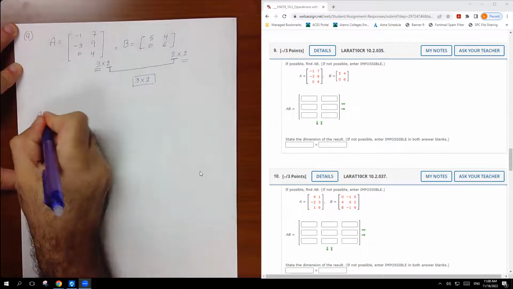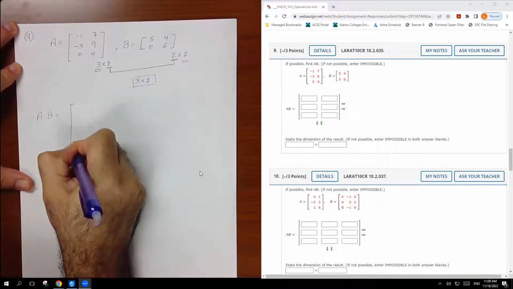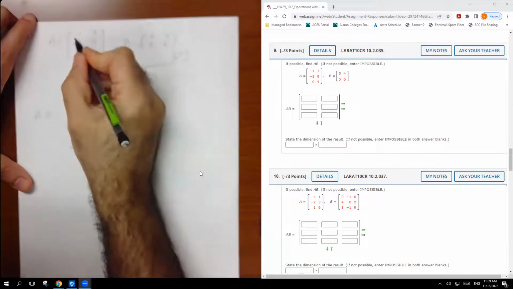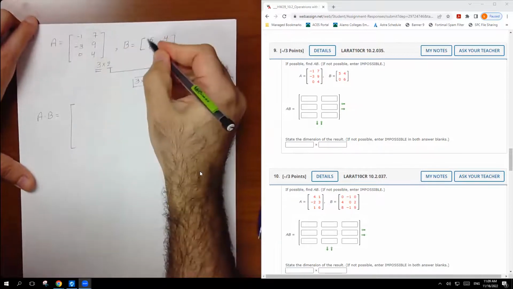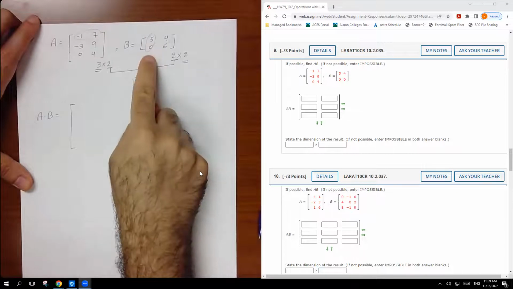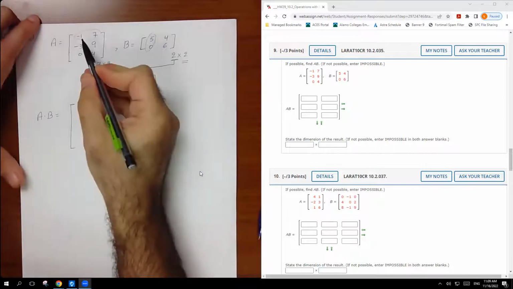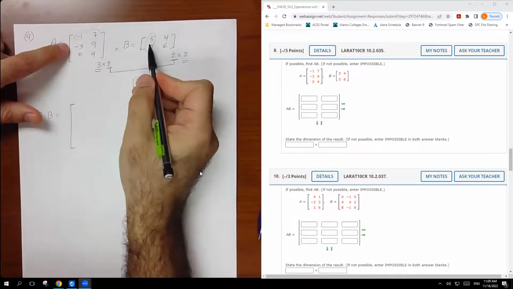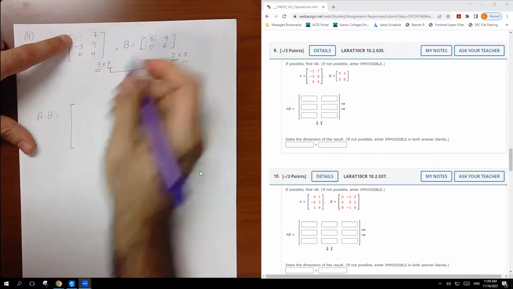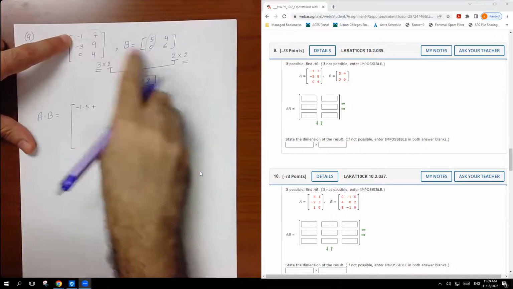So A times B is going to be, let's check the steps. The important steps. The first thing, I'm going to multiply the first row with the first column. Then the first row with the second column. So the first row with the first column is going to be -1 times 5 plus 7 times 0.